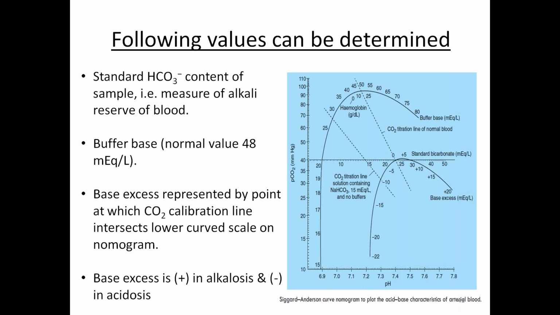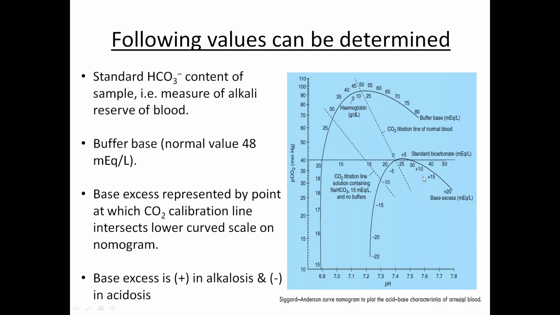So this nomogram has PCO2 plotted on the vertical axis. You have pH on the horizontal, and any point to the left of a vertical line through the pH of 7.4, as we have seen earlier also, will show acidosis, and any point to the right will show alkalosis.